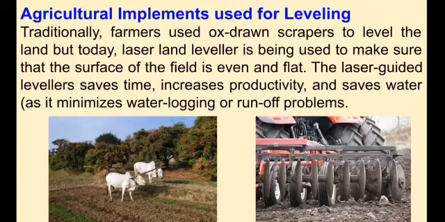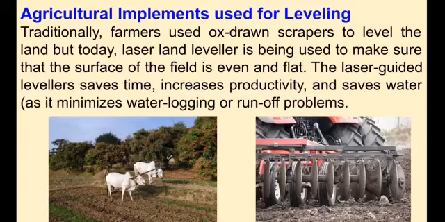Then the cultivator. You might have heard the name of the cultivator. It requires less energy from the farmer, and sometimes it is done manually, but nowadays it is done by advanced machines, as I told you. So these are all the implements which are used by the farmer either manually or by machine.